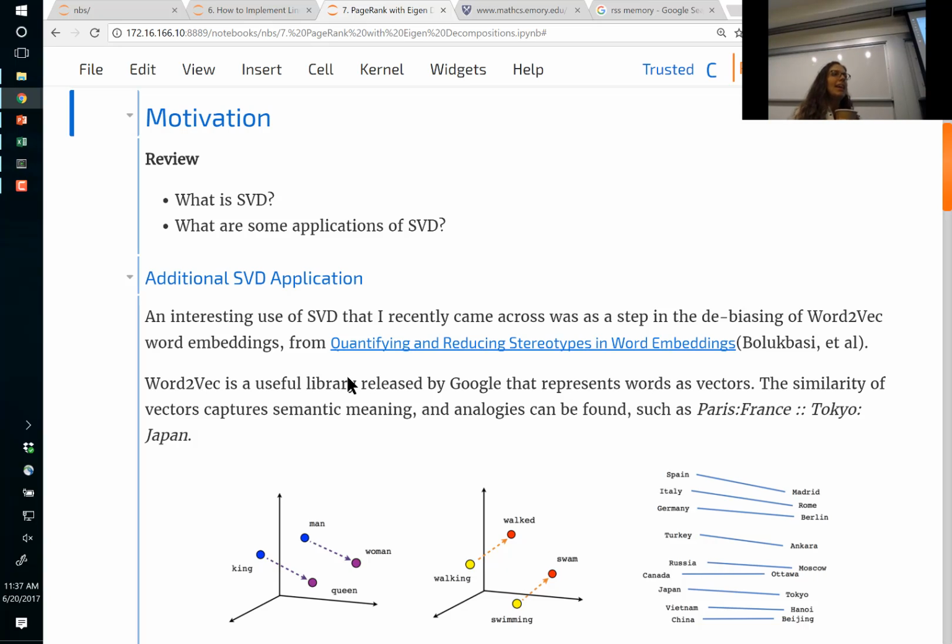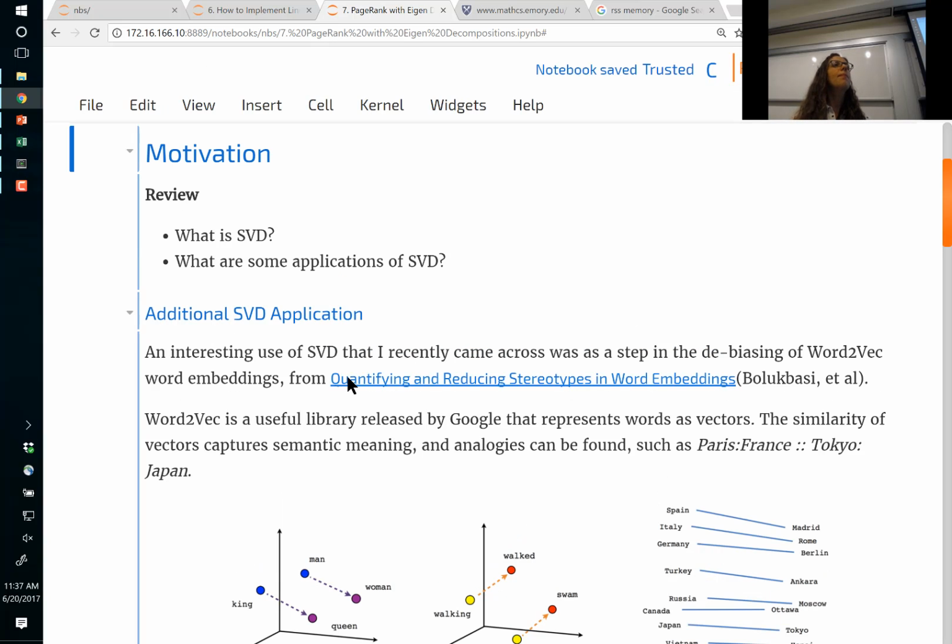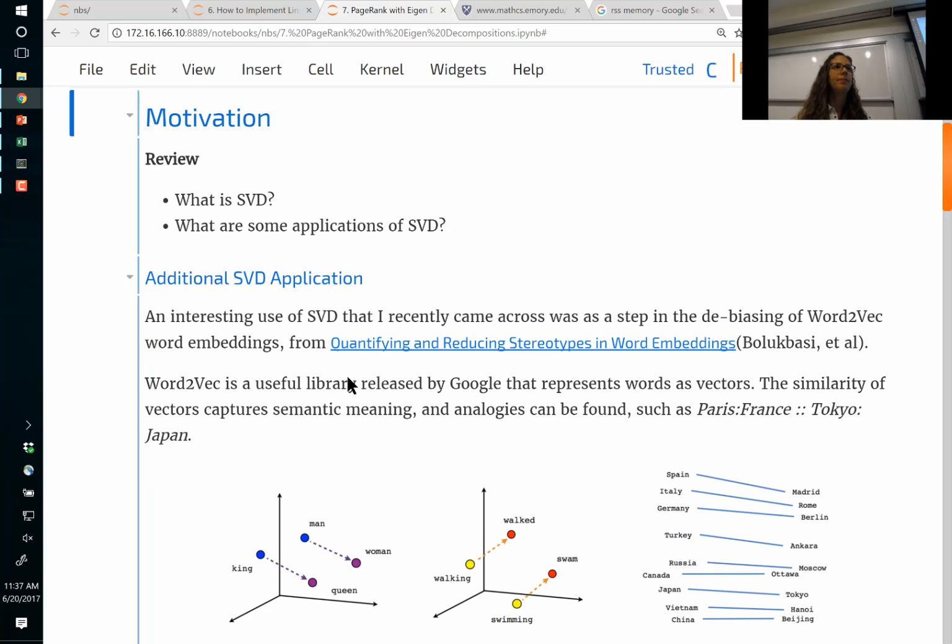Singular value decomposition. Yes, singular value decomposition. And what does it give you? It gives you 3 separate matrices. Yes. One with the singular values. The first and third are orthonormal matrices.